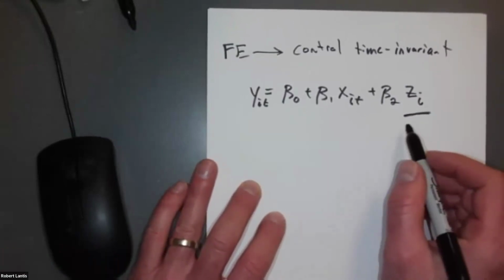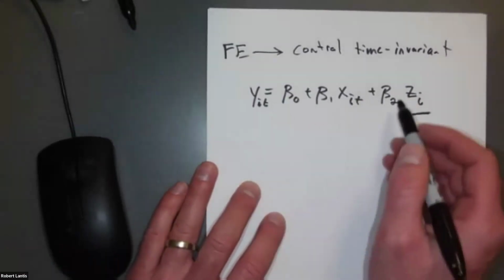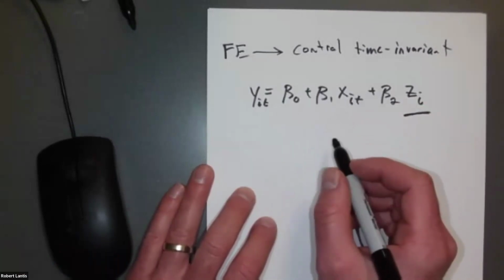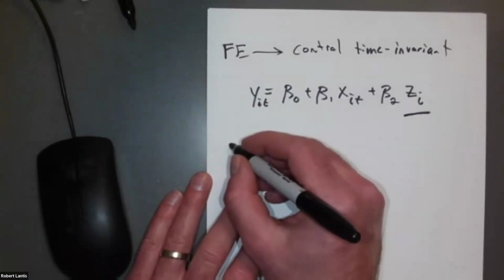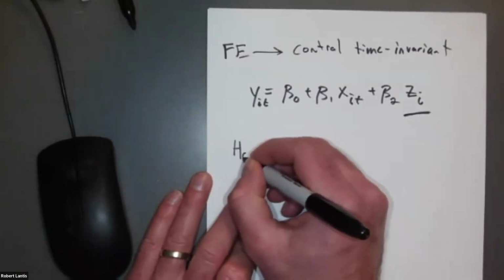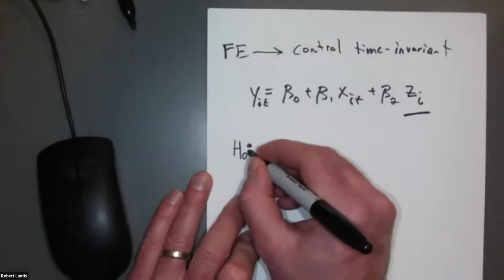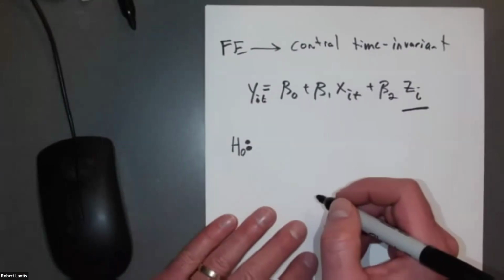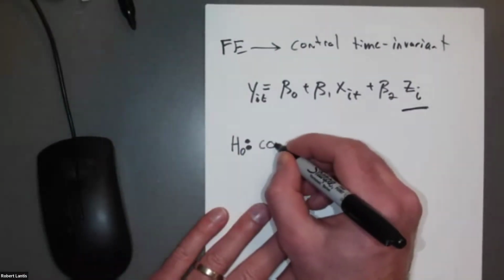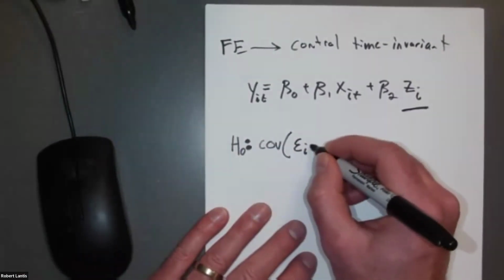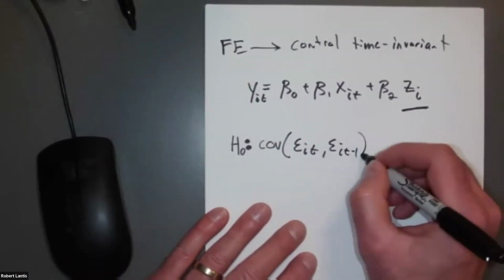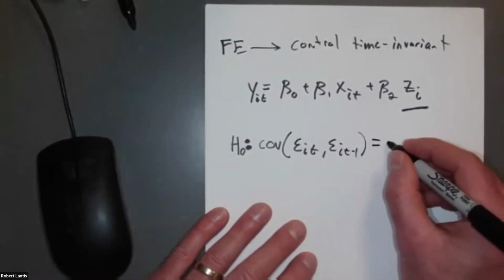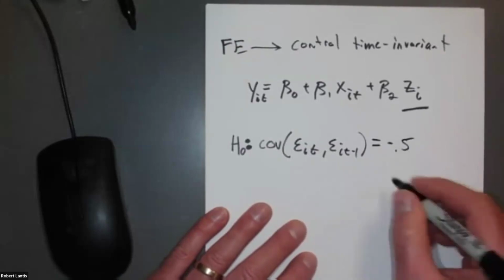Another question that I might ask you is, once we have these fixed effects regressions, or the output, how can we test for autocorrelation? The null hypothesis for no autocorrelation was that the covariance of our error terms in back-to-back time periods, t and t minus 1, is equal to negative 0.5.